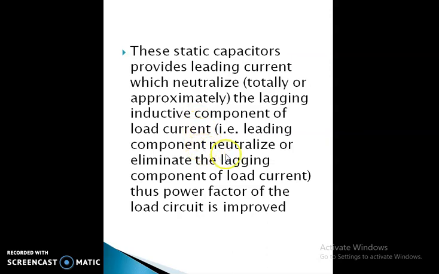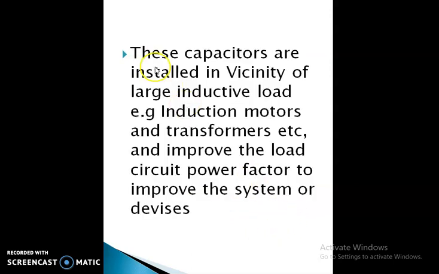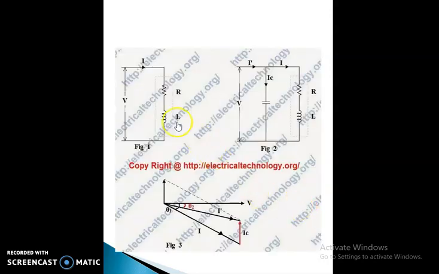That is, the leading component neutralizes or eliminates the lagging component of load current. Thus, the power factor of the load circuit is improved. These capacitors are installed in the vicinity of large inductive loads, that is induction motors and transformers, etc., and improve the load circuit power factors to improve the system or devices.